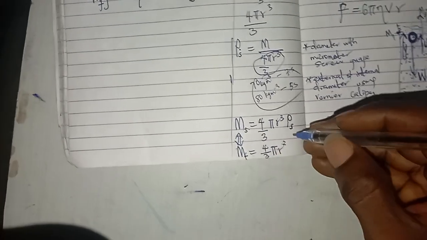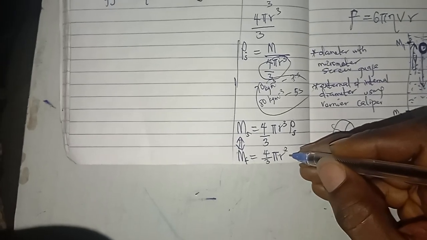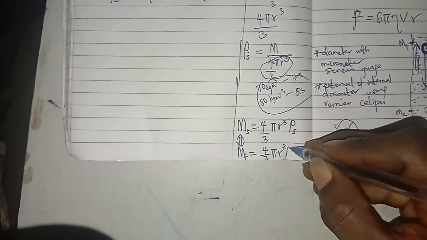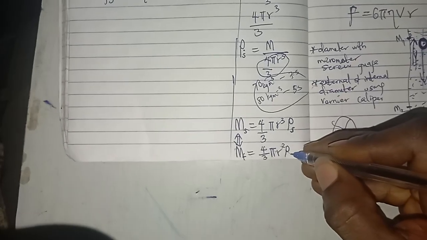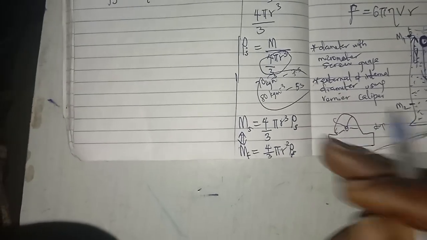They are equal because the amount of matter that the sphere contains is the amount of water it will displace. But the densities are different.